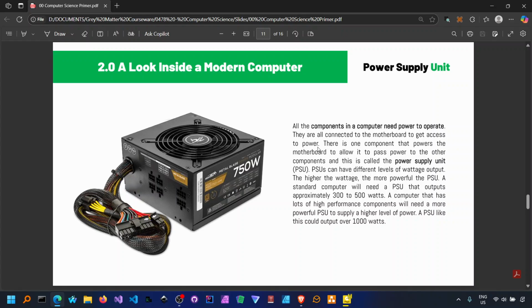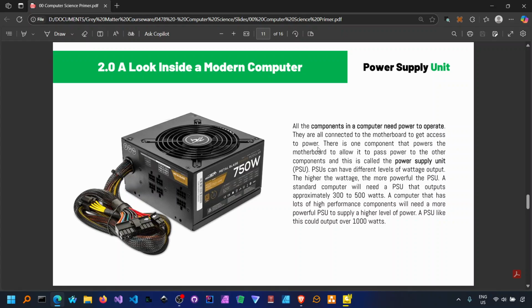Then of course any computer system is going to need a power supply unit, right? The power supply unit is essentially going to receive power from your outlet, and then it's going to distribute that power to the components on the motherboard or the computer components that make up the computer system.